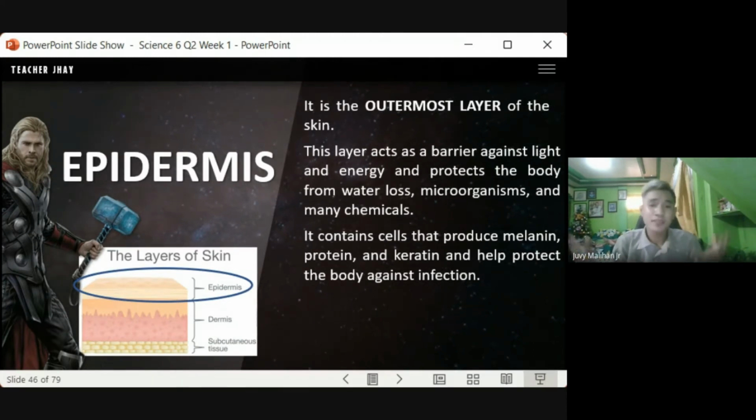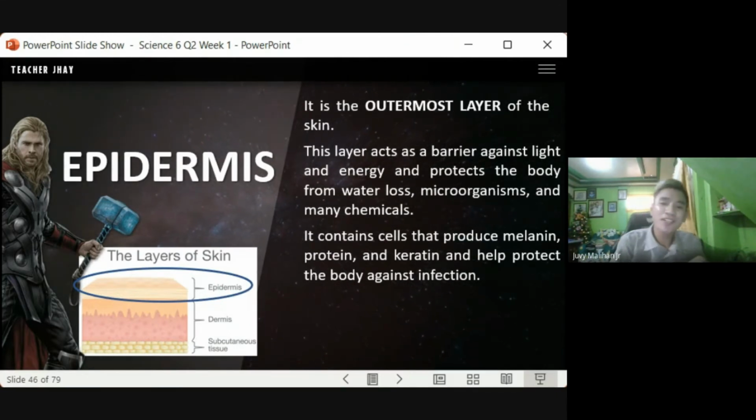In other words, melanin is a pigment that determines the color of our skin. Take note that melanin protects the skin by absorbing the ultraviolet rays from the sun. Kung mas marami tayong melanin, mas protected tayo from the sun. So the people with darker complexion, class, have more melanin, and so they have more protection from the sun.